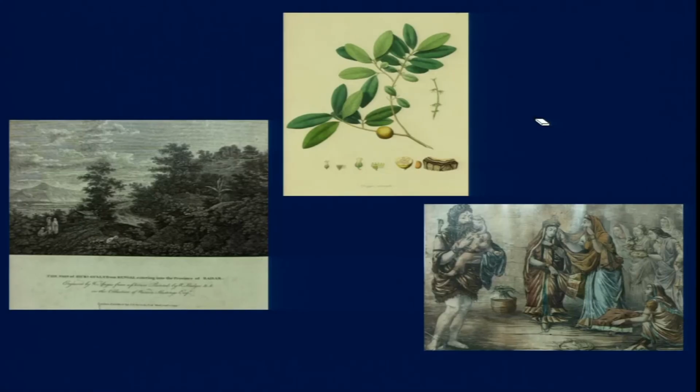Here we have one of the images, and in this one we see how people like William Roxburgh and others would do the surveys, and either they would draw or they would travel with people who would painstakingly draw the images of the plants and fruits and different parts of them, and all of them would then be made into prints later on and eventually be published from London or from these important cities.